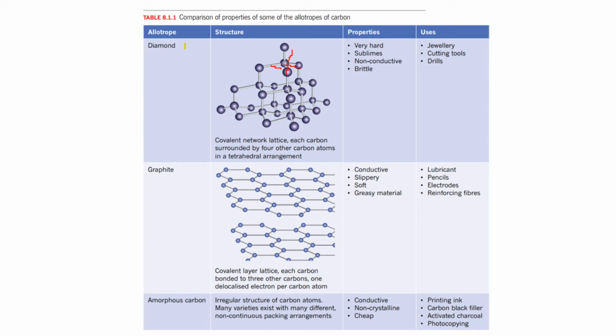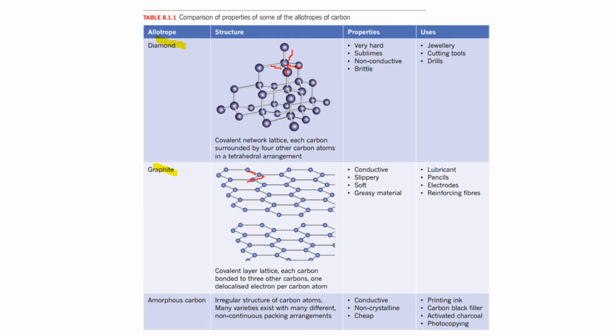If you're looking at graphite, here is a different physical form of carbon, but instead of one carbon being bonded to 4 other carbons, you have one carbon being bonded to 3 other carbons. Some carbons are bonded to 2, as you can probably see.